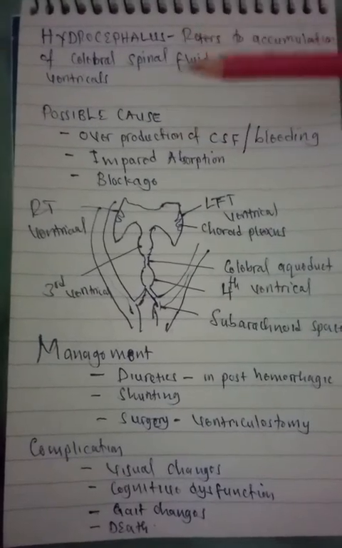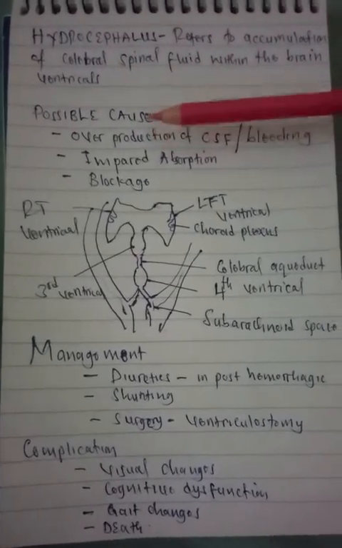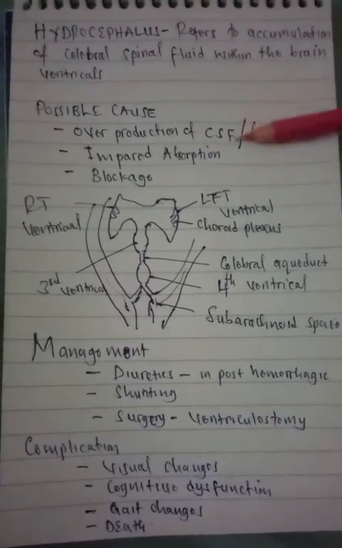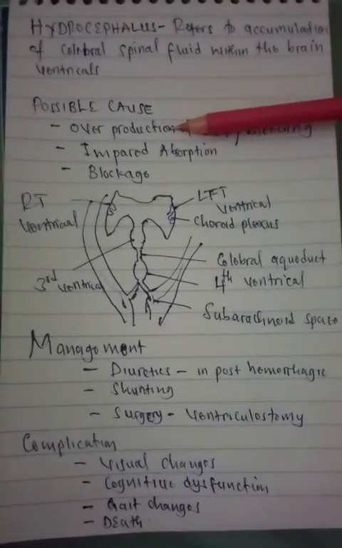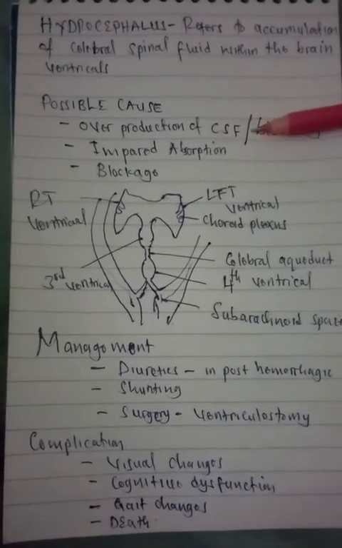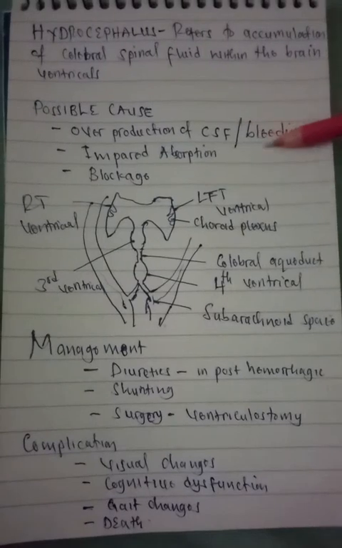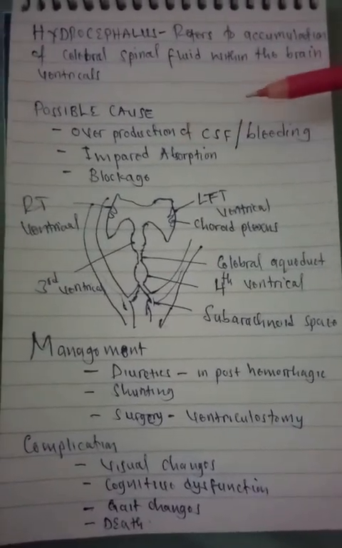So, which causes the accumulation of cerebrospinal fluid. And also, related to overproduction, it can be an external cause where someone has got a head injury, so the blood is accumulating within the brain ventricles.